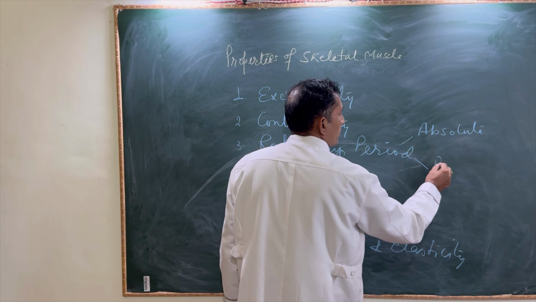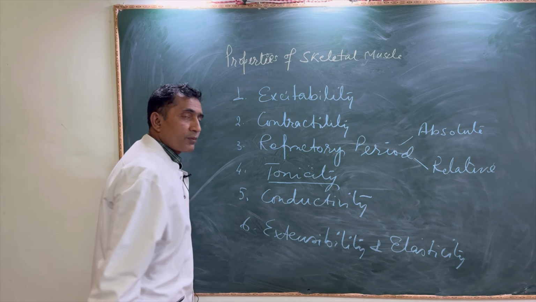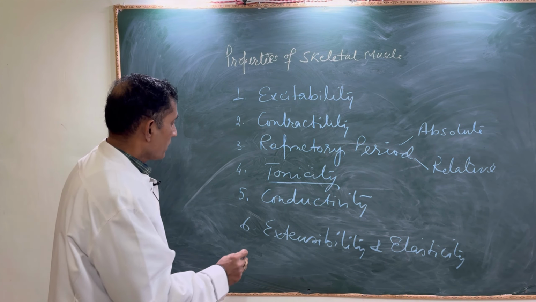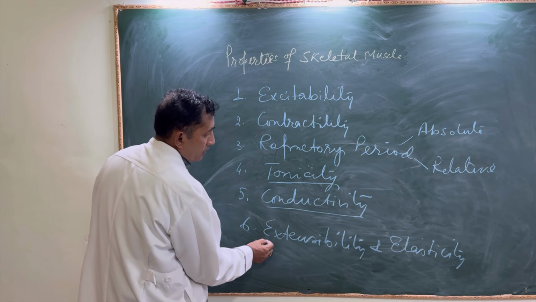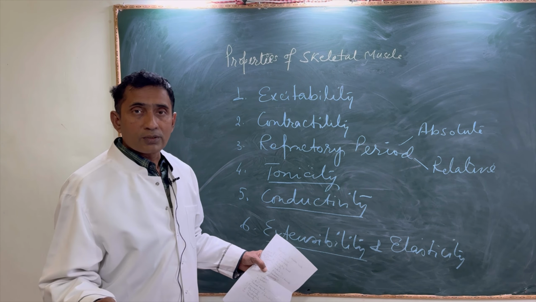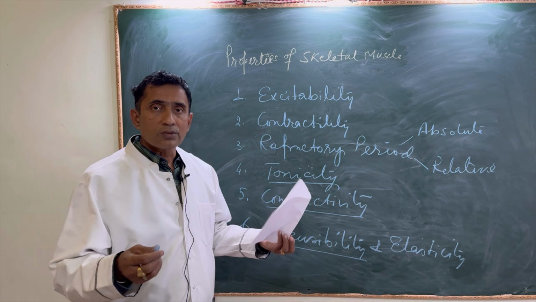So tonicity is there, and that tonicity depends upon the formation of cross bridges. Then conductivity. If we stimulate one point, then electrical events can be there, and these electrical events are propagated. Then extensibility and elasticity. Extensibility means if we stretch the muscle, the muscle will respond against a stretch.